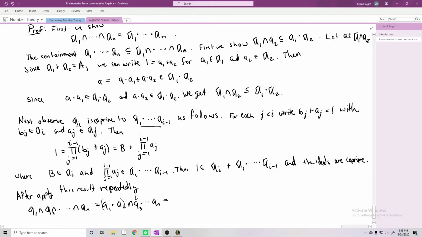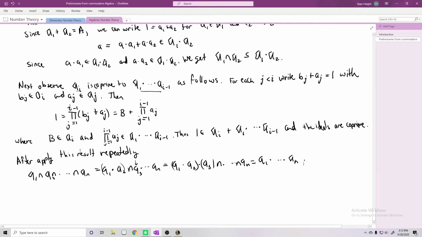Okay, so these two things are coprime by the above work. A1 times A2 is coprime to A3, so that the intersection is actually equal to the product of these two ideals. So this is A1 times A2 times A3, all intersect AN. And then you just keep going down the line, using the associativity of intersections and products, so that eventually you just get the product of all these ideals, A1 up to AN.